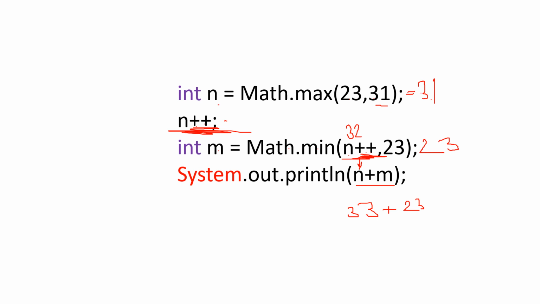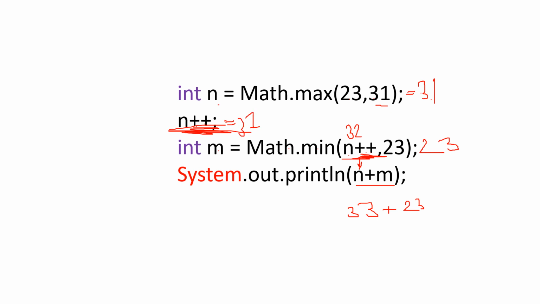Then on the next line we are incrementing n but with a postfix operator. So the value of n will increase by 1, but it will only increase after the execution of that whole line has taken place. So after this line is executed, the value of n will increase. So for this instance, when this line was getting executed, the value of n was 31.